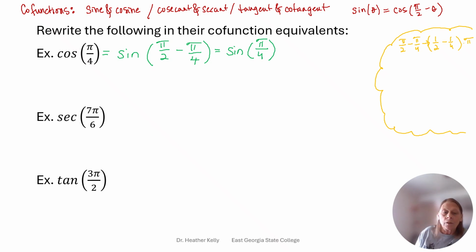Okay, so let's do this one. Let's do secant here. The cofunction for secant is cosecant, and it is pi over 2 minus 7 pi over 6.